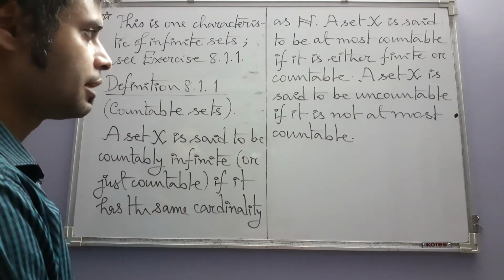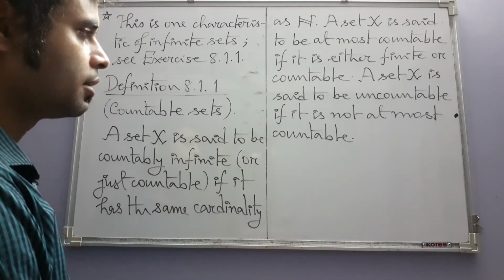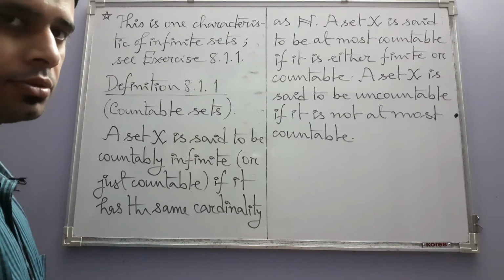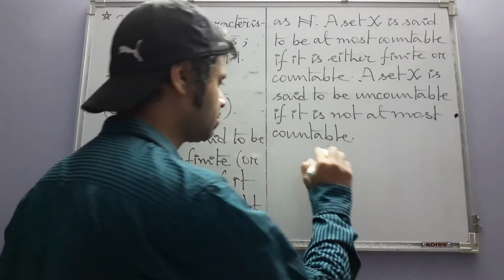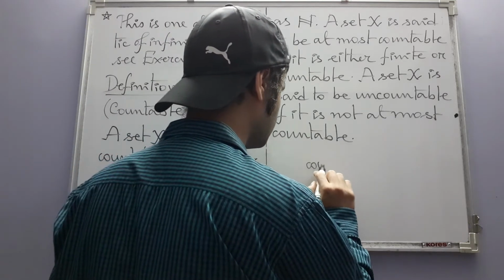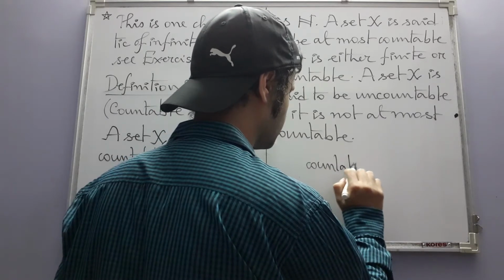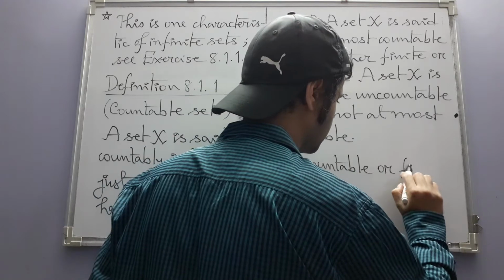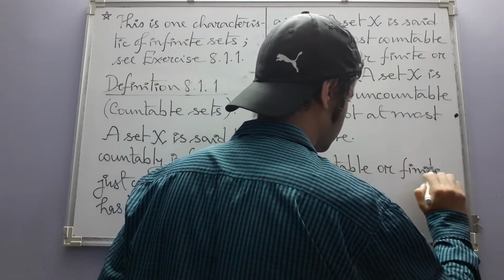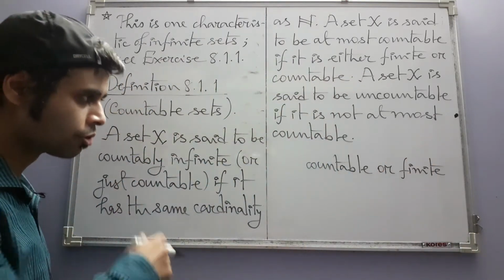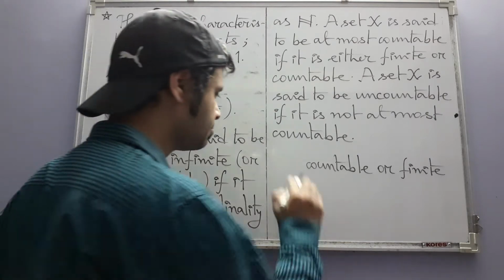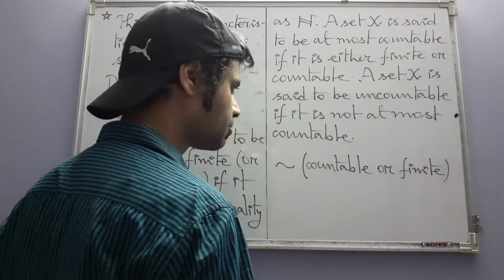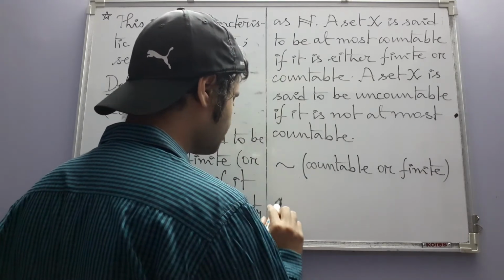So what is this final part? A set X is said to be uncountable if it is not at most countable. At most countable means what? Countable or finite. Not at most countable means negation of this. Okay, and negation of this is what?